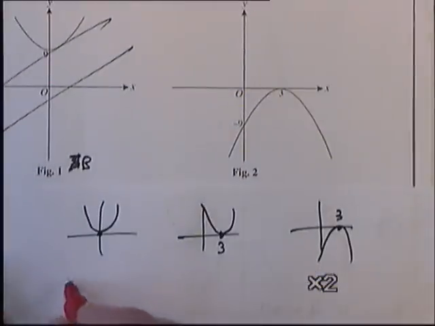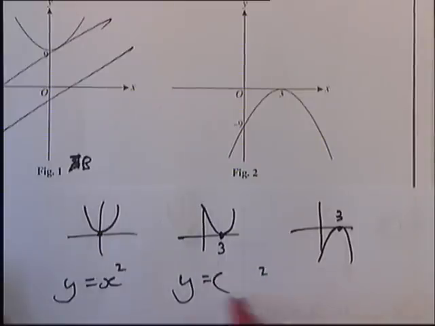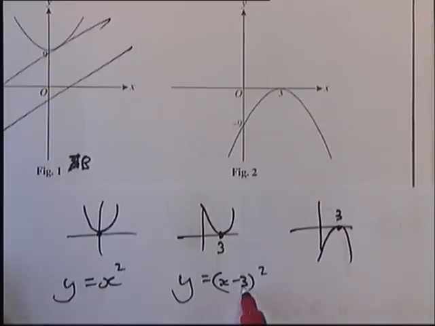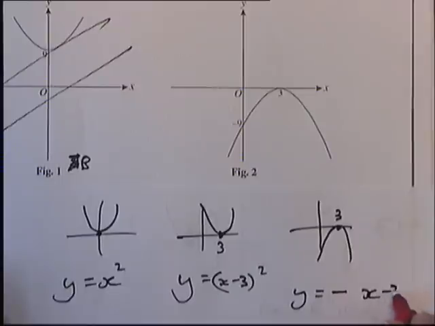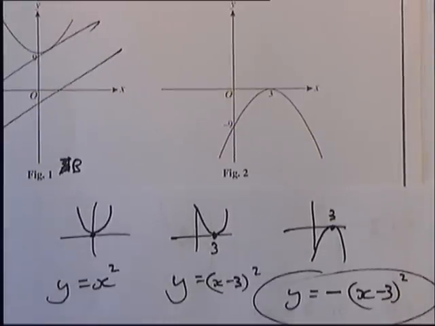Shifting it 3 to the right means you replace the x with x minus 3, and minus 3 in the bracket shifts it 3 units to the right. Here this is a reflection in the x-axis, and for a reflection in the x-axis, you just stick a minus in front of everything you previously had. So that is the equation of the graph in figure 2.